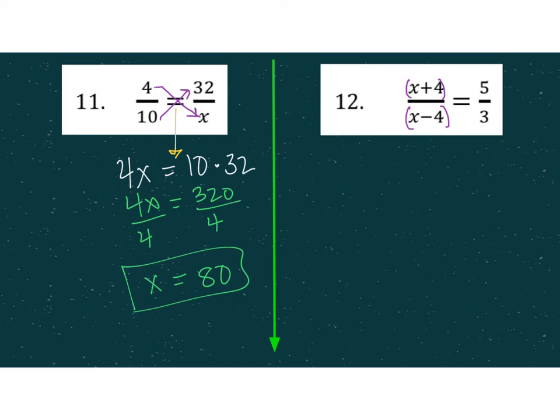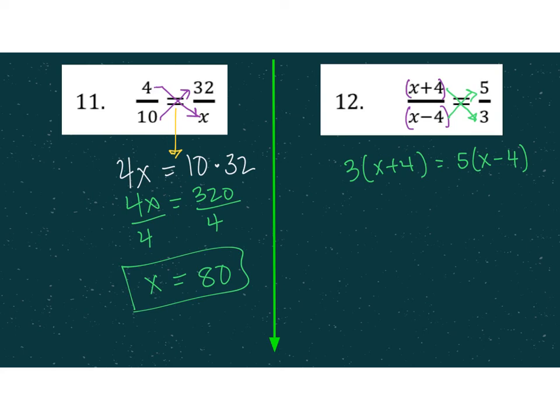So what happens here is I have to multiply the top on the left times the bottom on the right, and the bottom on the left times the top on the right. So that gives me 3 times (x plus 4) is equal to 5 times (x minus 4).